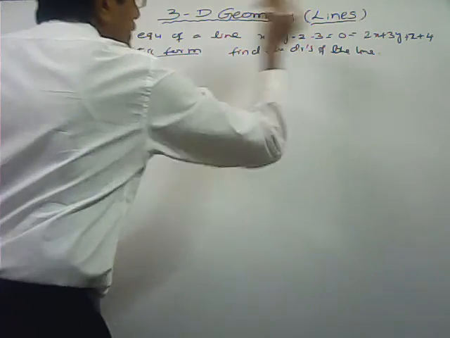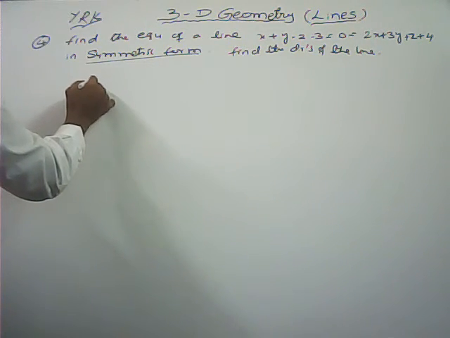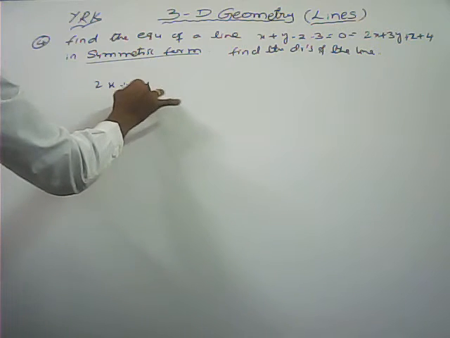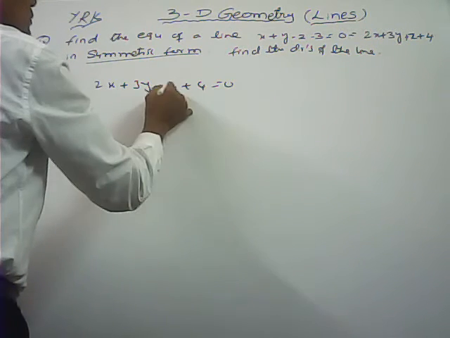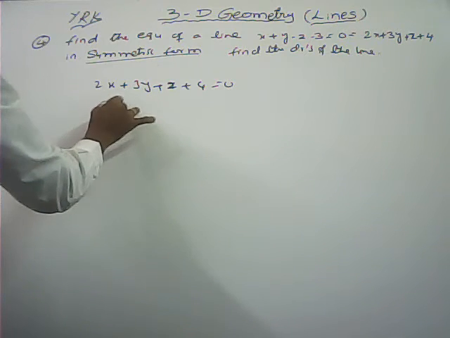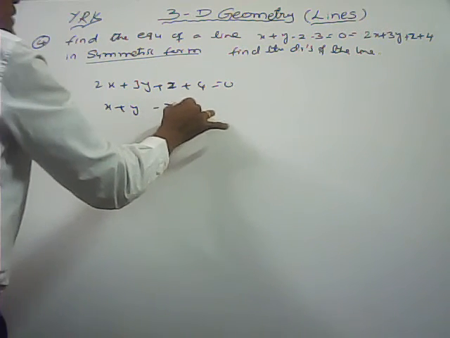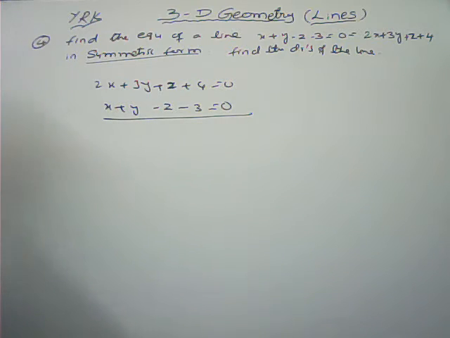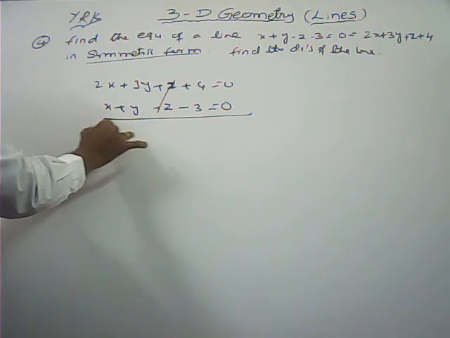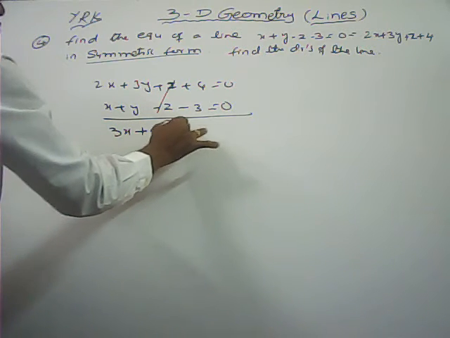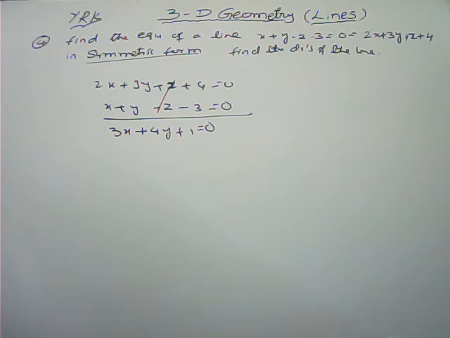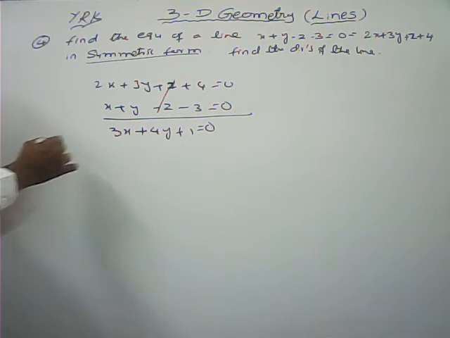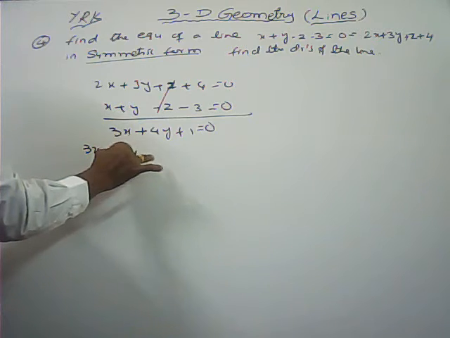Here z is there in both, so we can easily eliminate it. 2x plus 3y plus z plus 4 equals 0, and x plus y minus z minus 3 equals 0. By adding these two, z gets cancelled. This is 3x plus 4y plus 1 equals 0. So here we eliminated one variable. After that, 3x equals minus 4y minus 1.